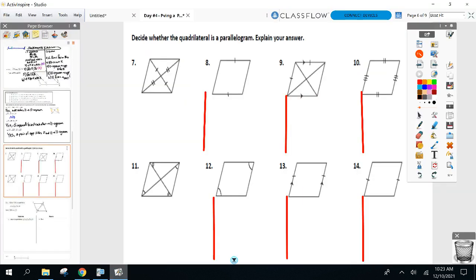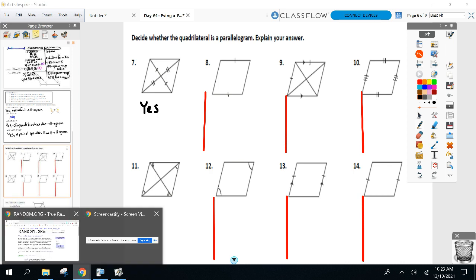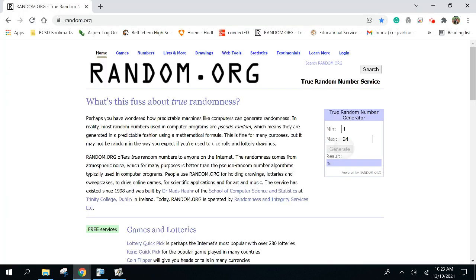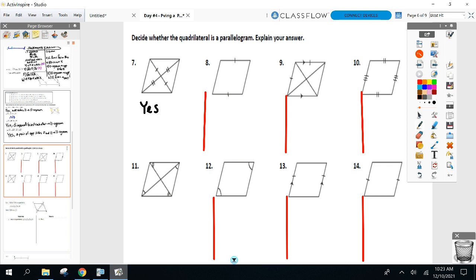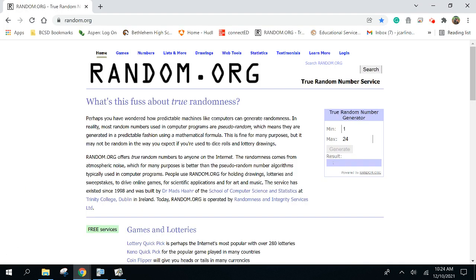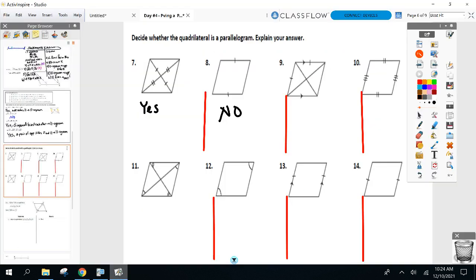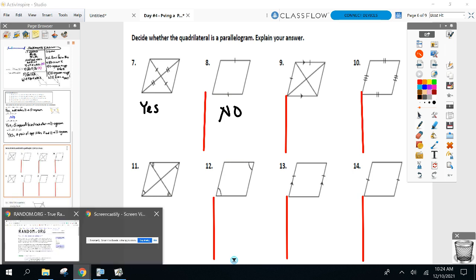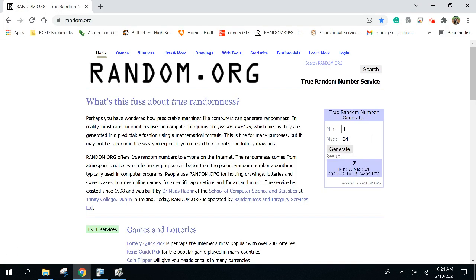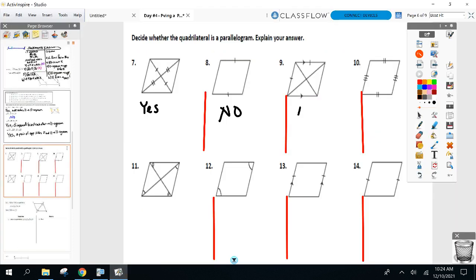Yes. Why? Diagonals. There. Good. You got it. Thanks, Kevin. Perfect. Next one. No. One pair doesn't do it. I need both pairs. Next one. No. Definitely not enough information there.